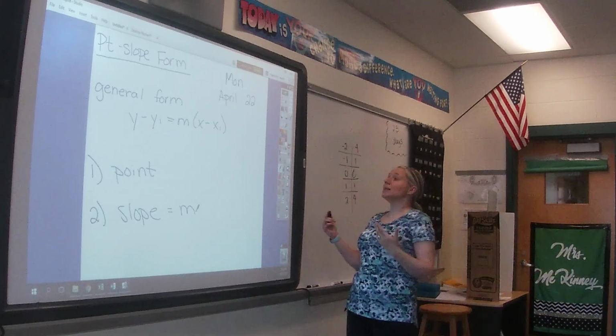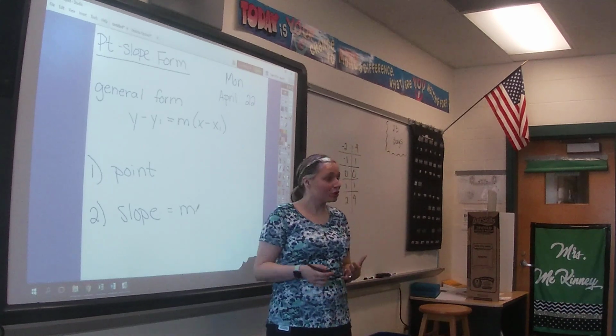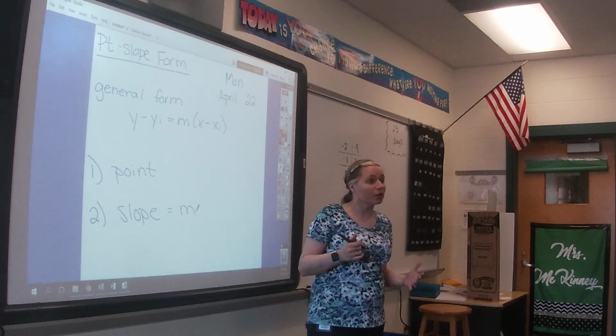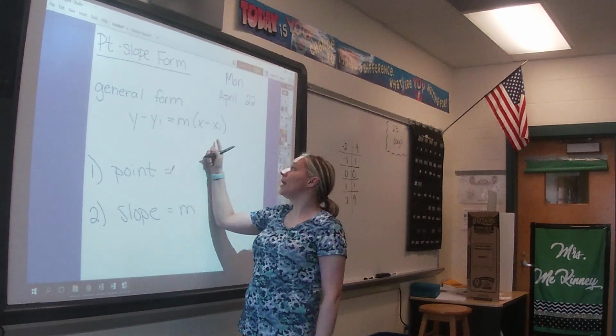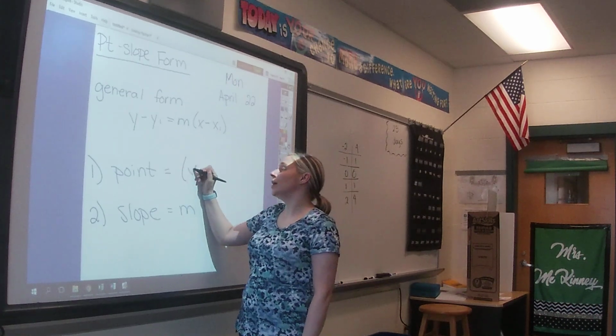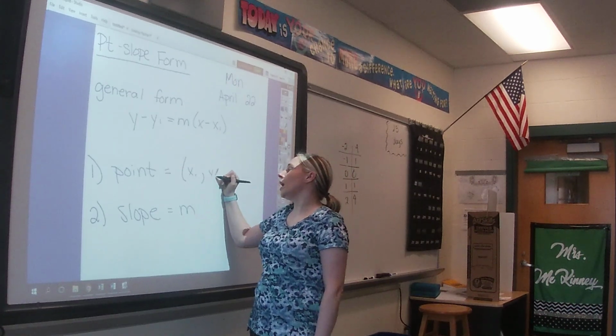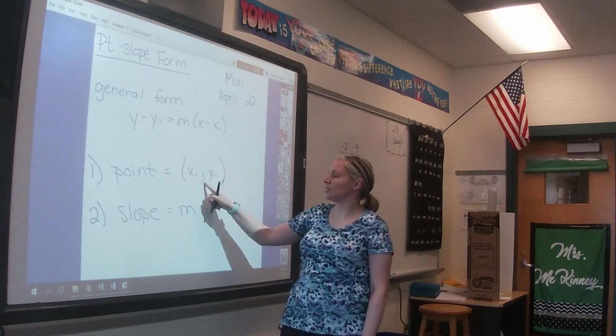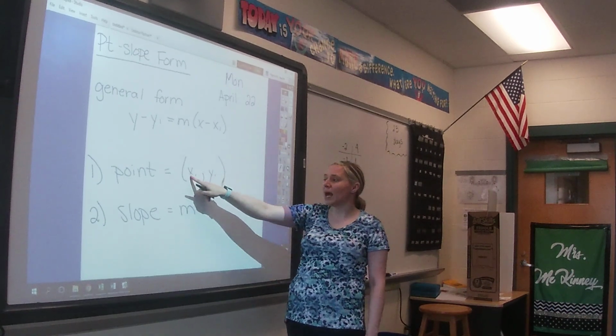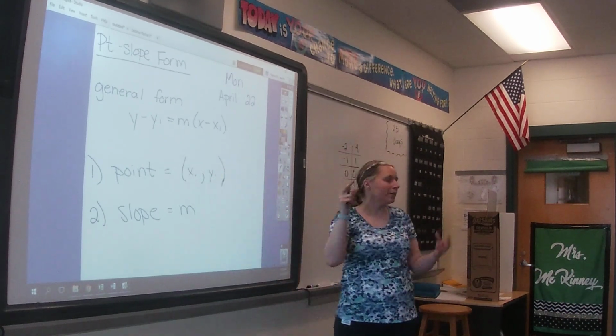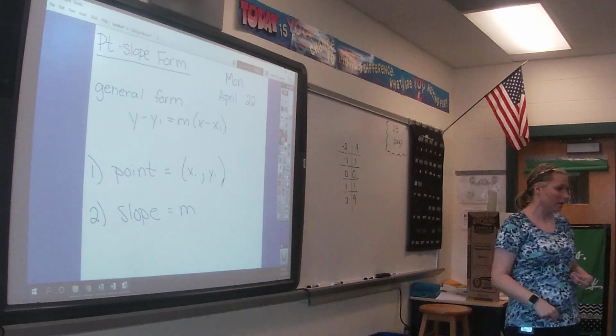A point is an ordered pair, so it should make sense that this is in the order it's in. A point is x sub 1, comma y sub 1. Sorry, I'm making this a dramatic comma because this x sub 1 comma y sub 1 is what numbers we're using in the formula.